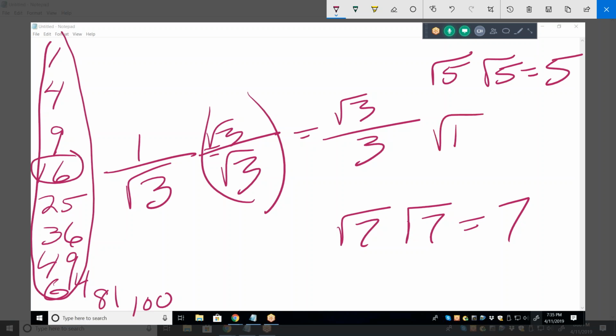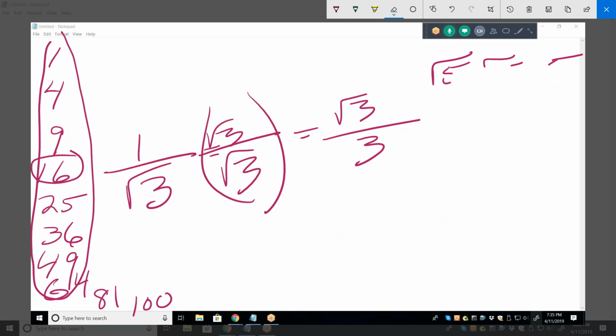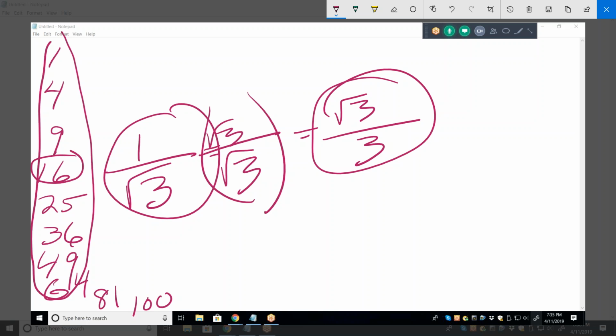Root 119 times root 119 is what? 119. Okay, there you go. You got it. Notice that when you rationalize these fractions that are not rationalized, like this, you get something like that. That looks very similar. If you put that into your calculator, you get the exact same answer as you get there.